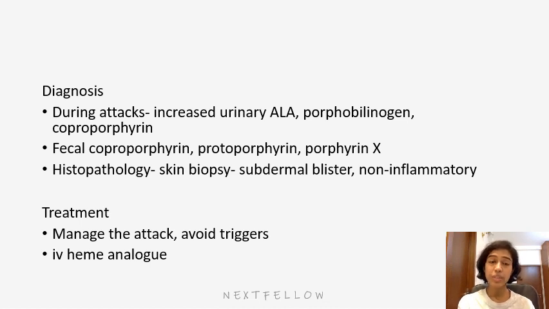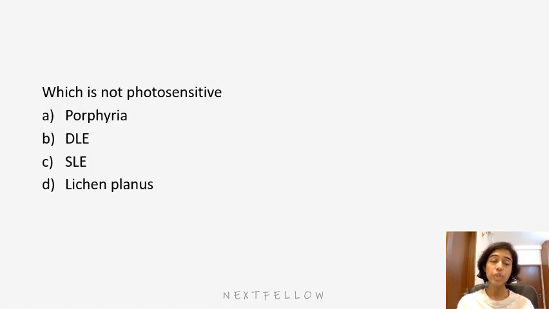Histopathology again will show you the same: the subepidermal blister, non-inflammatory infiltrate. There are certain features which are easy to diagnose as a porphyria, a subepidermal blister. Treatment is again managing the acute attacks, avoiding the triggers, and there's an IV heme analog, which is not photosensitive. So the porphyrias, you know, are photosensitive.